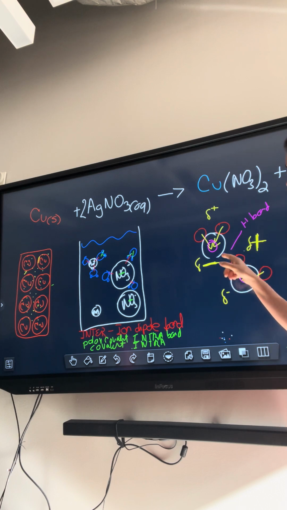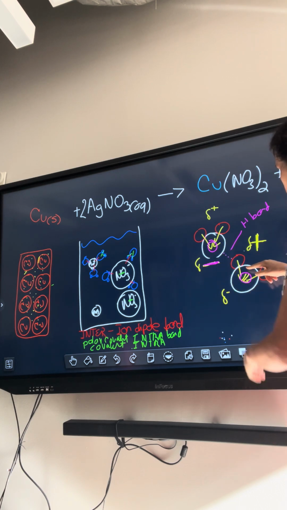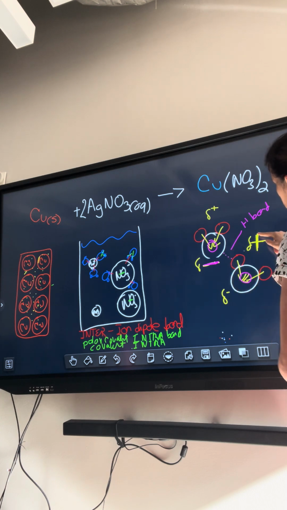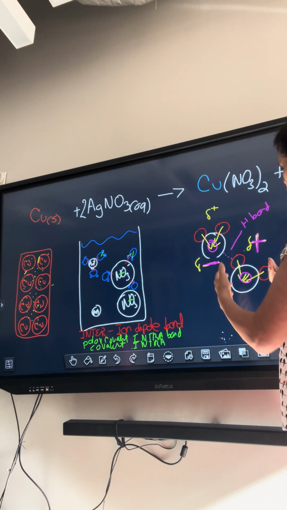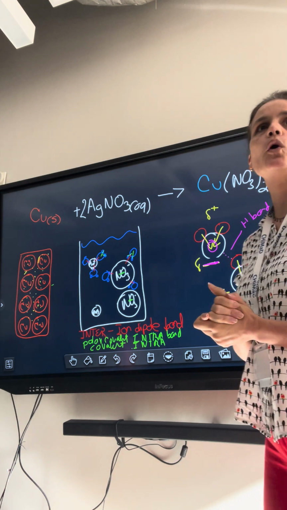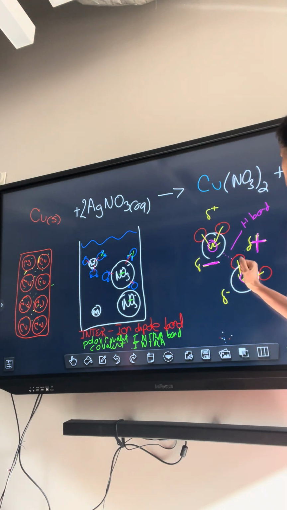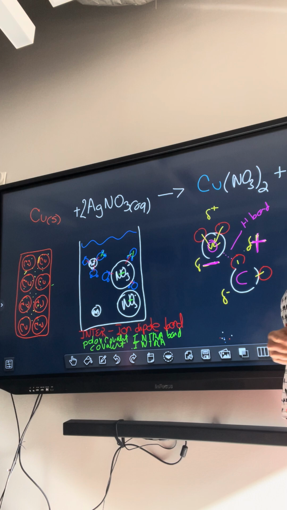Because they're so electronegative. Most of the negative is here. This is very significantly negative because this was pulled away. This is very significantly positive. So it's between two N's, O's, or F's. If this were a carbon, would that be hydrogen bonding?